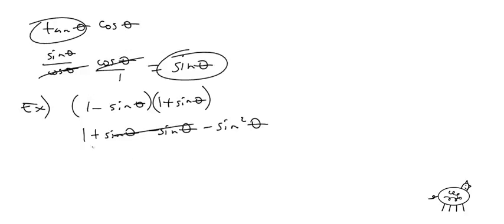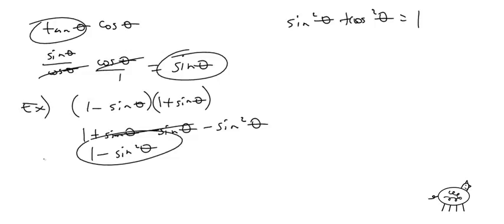So these guys cancel out, and I get 1 minus sine squared of theta. Now, I'll tell you, math fans, not a bad idea is to start having those identities memorized or write them out. So if sine squared of theta plus cosine squared of theta equals 1, how can I manipulate 1 minus sine squared? Well, can't I just subtract sine squared? And so I get cosine squared of theta.